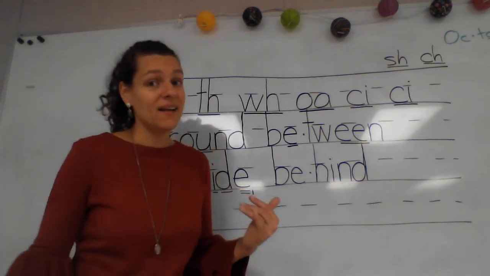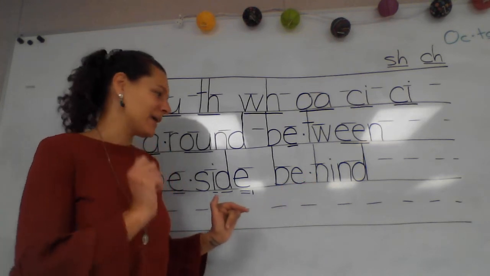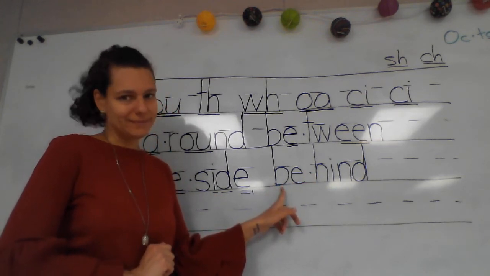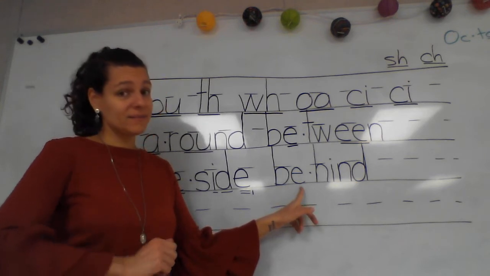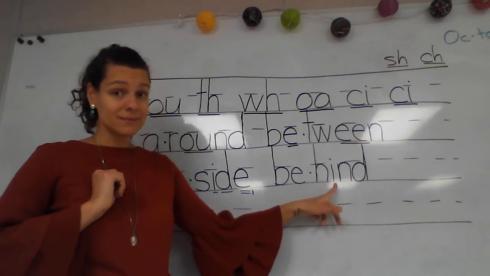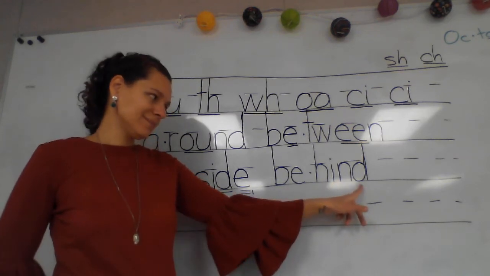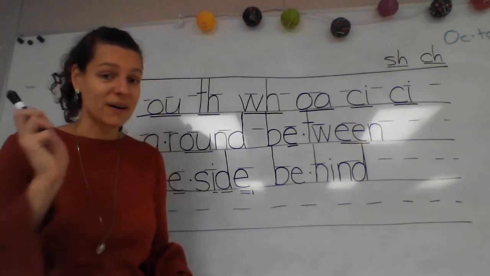All right, let's go through the markings, then we'll pick up our writing instrument and mark our word. It's saying its name. It's saying its name. All right, let's mark our word.